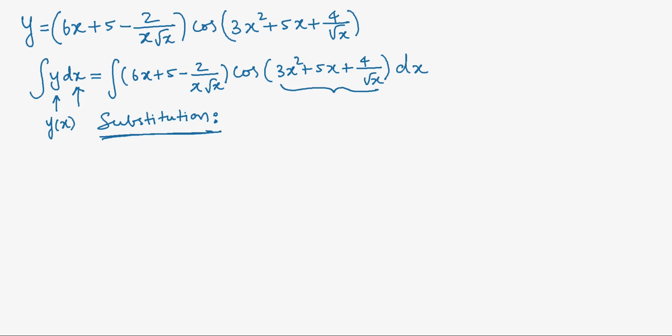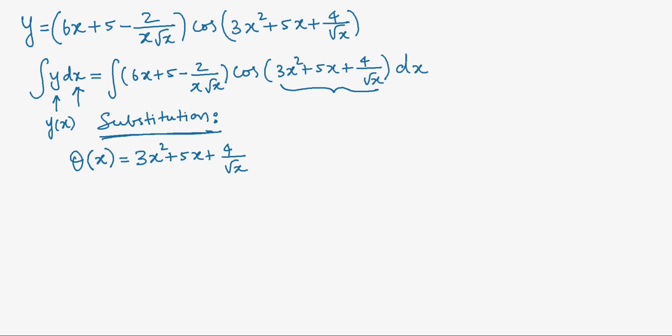We just use a new function, let's say theta, as a function of x, such that theta equals 3x squared plus 5x plus 4 by root x. This will actually help us. The cosine of this whole argument can be replaced by cos theta. Do you see that? Yes, uncle.